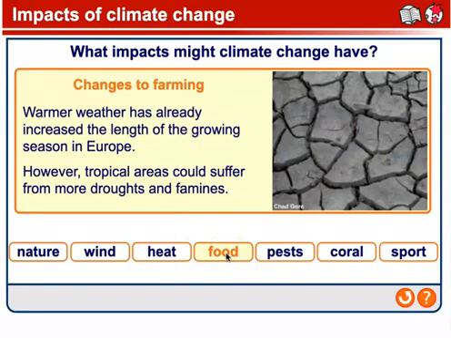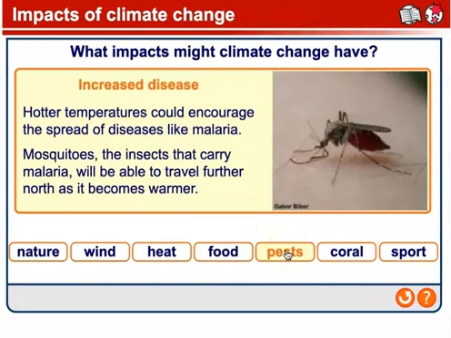Food, changes to farming. Warmer weather has already increased the length of growing seasons in some areas of our planet. However, tropical areas could suffer from more droughts and famines because of those. Pests, increased disease. Hotter temperatures could encourage the spread of diseases like malaria. Mosquitoes, these are the insects that carry malaria, will be able to travel outside of areas where they predominantly live throughout the year.